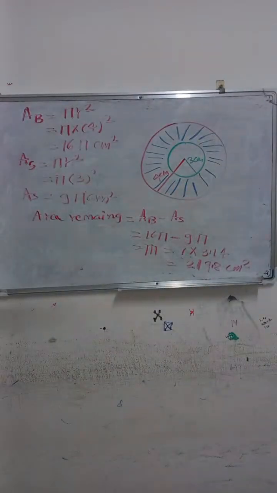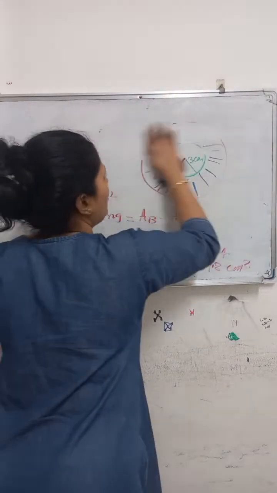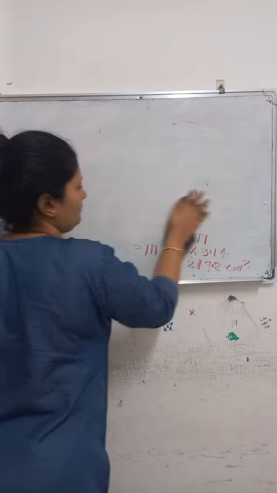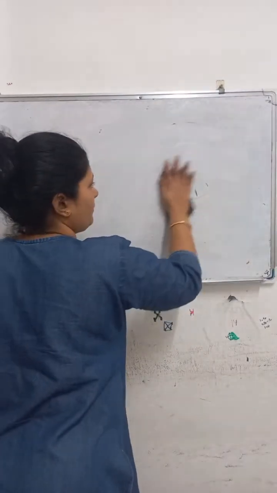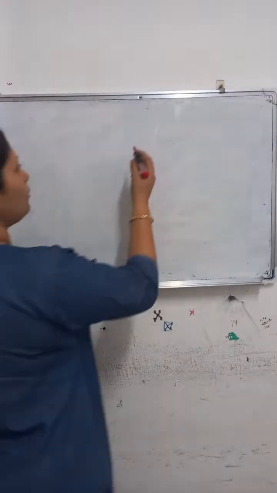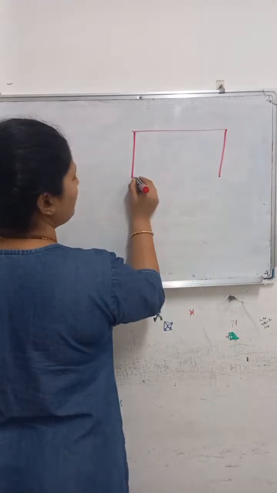A triangle CED is such that EF is perpendicular to CD and EF is equal to 10 centimeter. Calculate the area of the shaded portion.